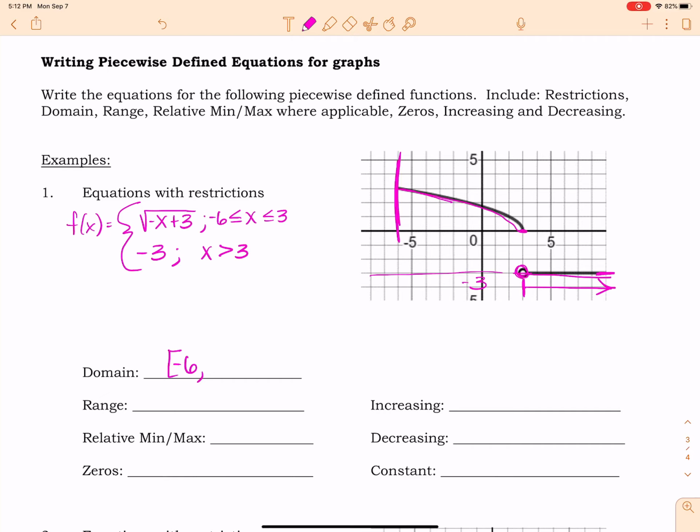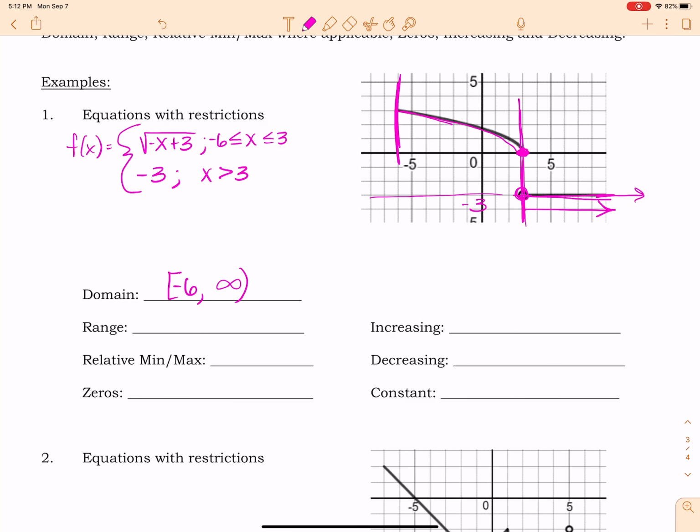And then down here it jumps and goes all the way to positive infinity. So there you go. As long as one of your values is covered by one of your graphs, it doesn't matter if it is in the other one. This is what I mean by that. See, that's x equals 3 right there. The square root graph covers that, so it doesn't matter that there's an open circle on the other graph.